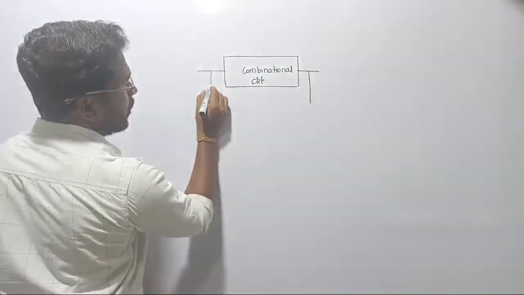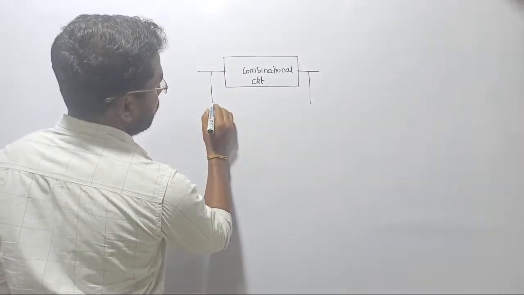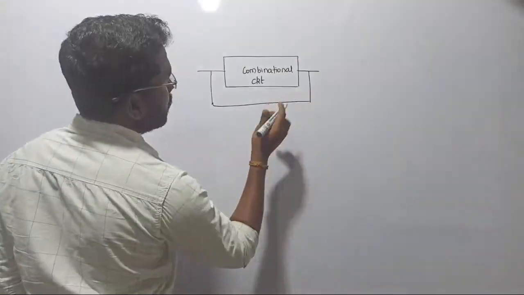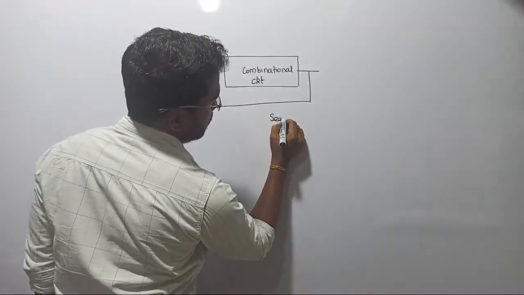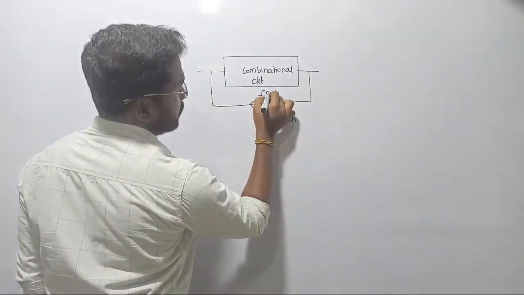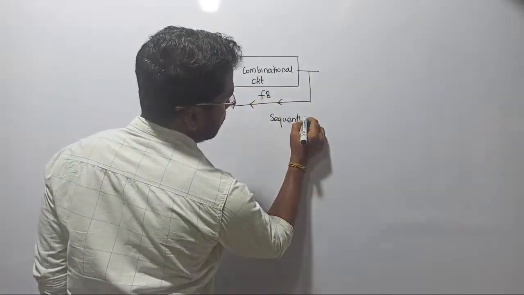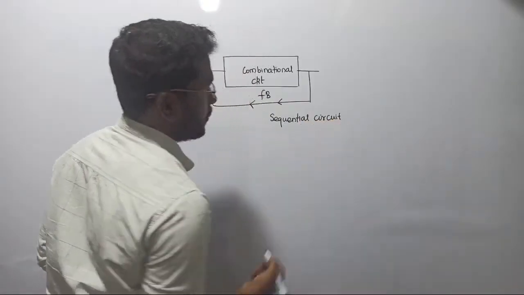This combinational circuit with the feedback is simply called what? Sequential circuit. This whole set is simply called sequential circuit, that's all.